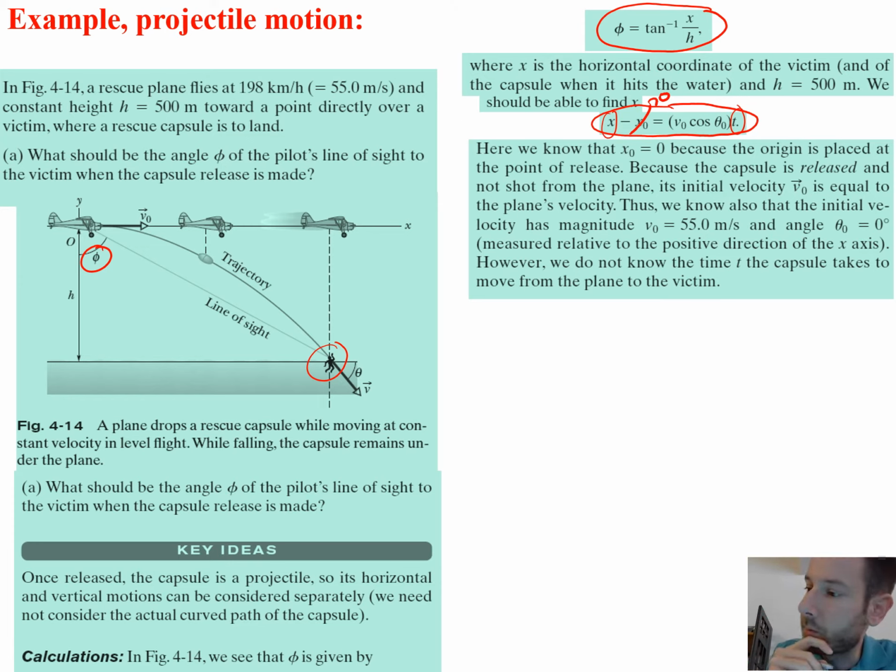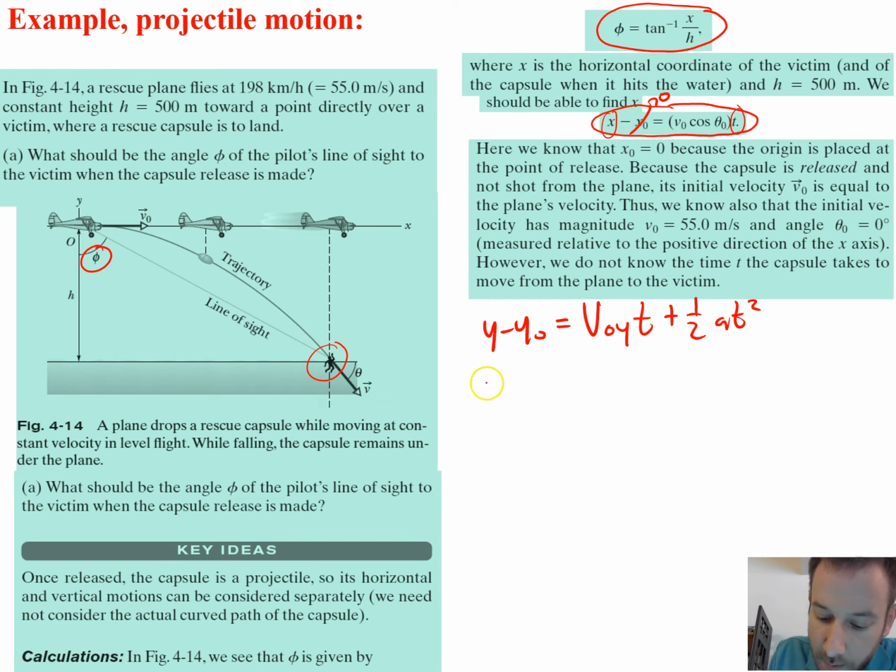So we're going to go ahead and use one of our kinematic equations, which is the first one. So y is equal to y naught plus v naught y times time plus 1/2 a t squared. And again, this plus 1/2 a t squared could be minus 1/2 g t squared, just to make sure you get the negative sign in there. Well, y minus y naught is going to be 0, which is our final position.